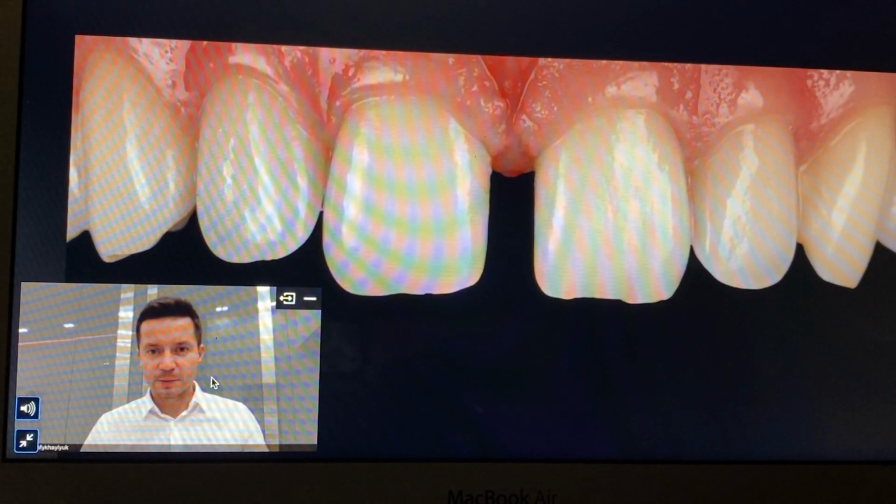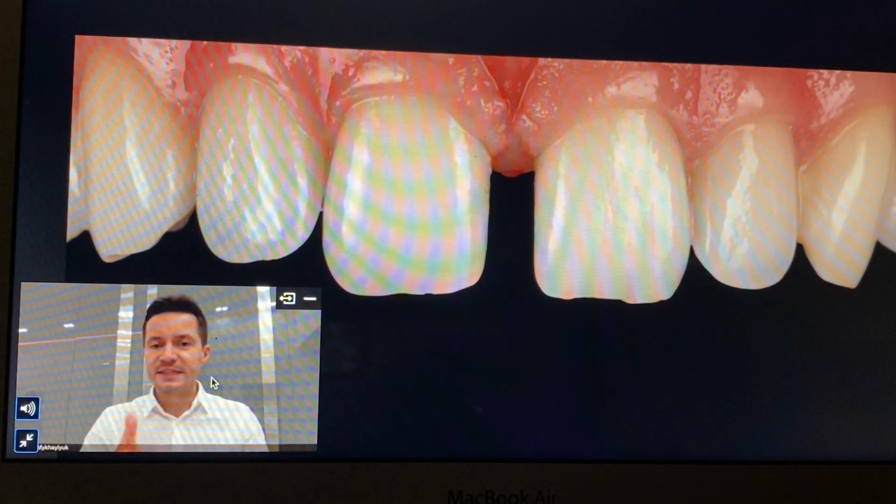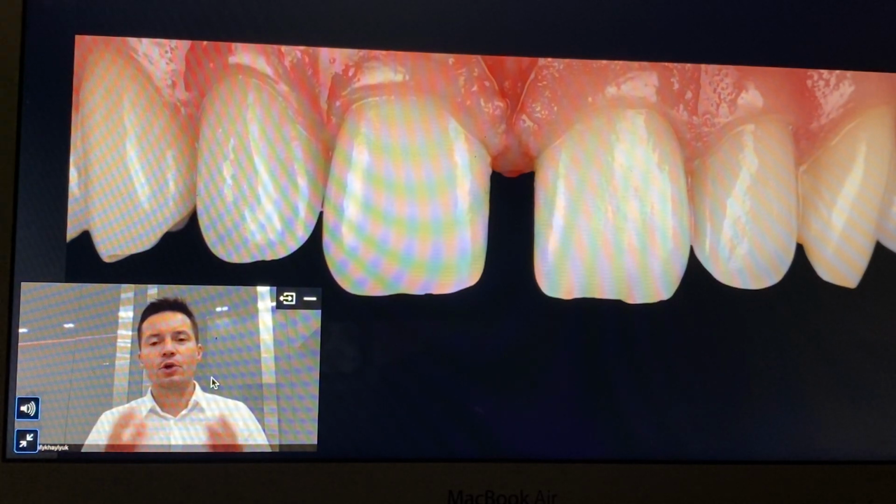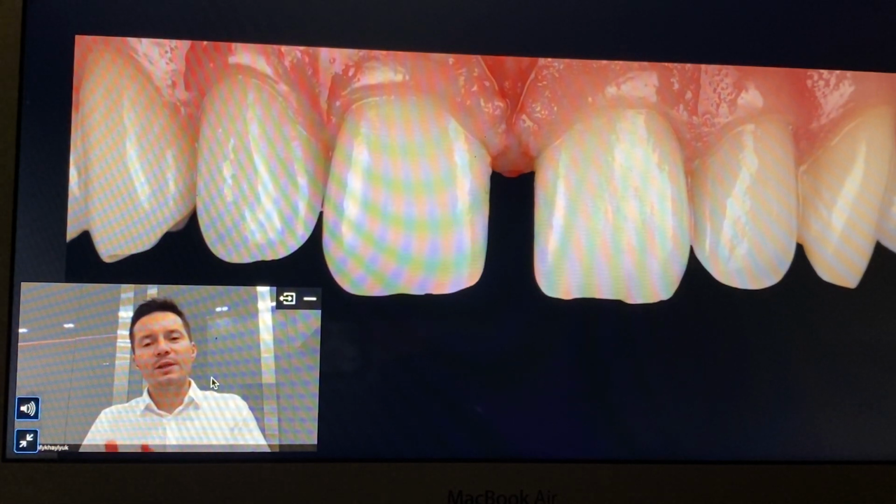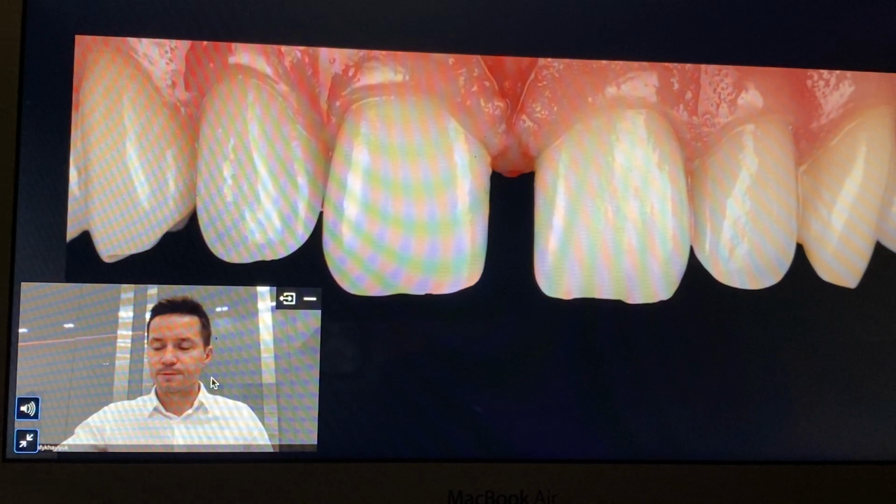Before they start a treatment, they need to realize that usually after 15, maximum 20 years, they will need to change these restorations to new ones. That's why already today we need to think about the amount of tooth structure that the patient has in her mouth. That's why we need to improve her smile with the smallest possible sacrifice of the tissue.